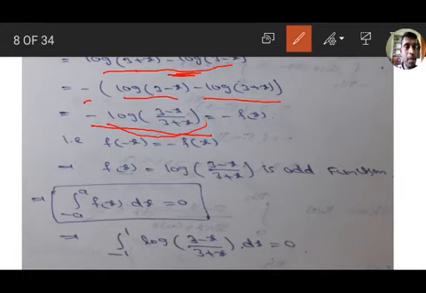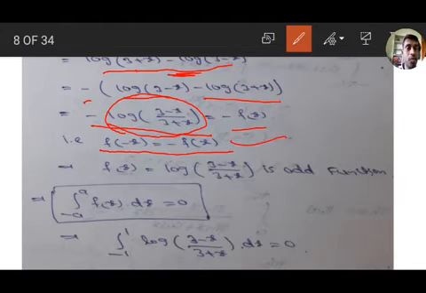This log of (3 minus x) by (3 plus x) is f of x, so minus f of x. So f of minus x equal to minus f of x. So the given function is an odd function.